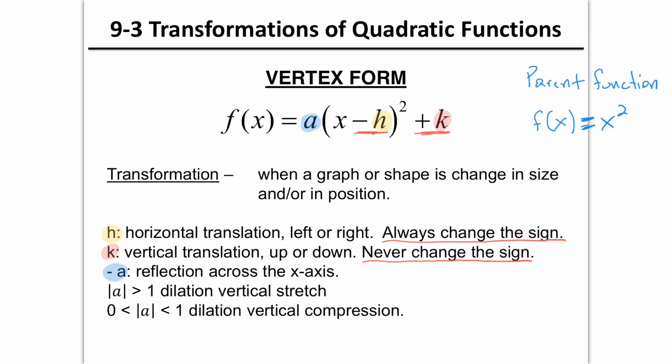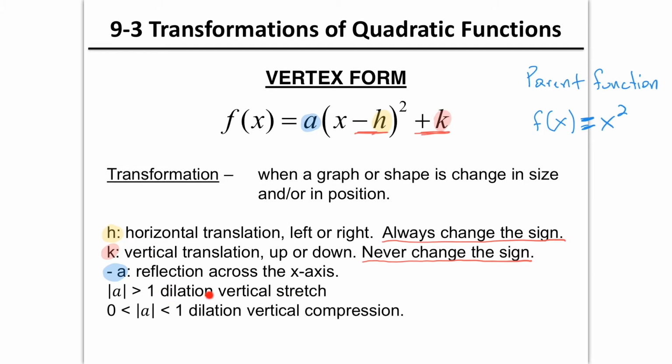Now, the a value. When you have a number for a, ignore the negative. If you already know that there is a reflection across the x-axis, ignore the negative and look at just the number, the absolute value. If that number is greater than 1, that's going to be a dilation, a vertical stretch.